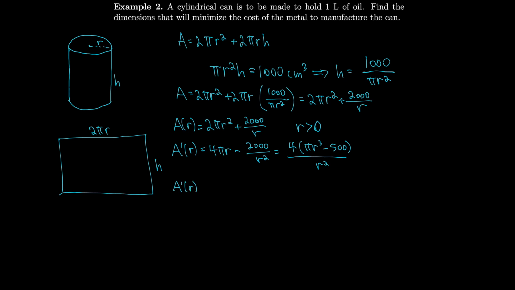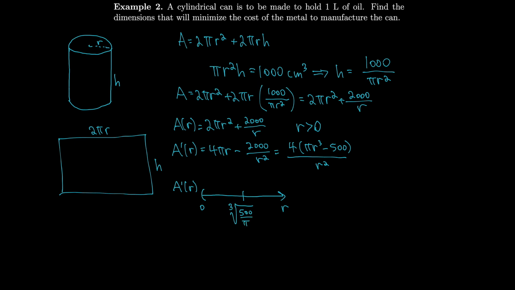So A prime of r, remember r starts at 0, so we'll start at 0, and oops, this is not x, this is r this time. And it looks like we will have a root, well, we're not going to plug in 0 to be undefined because our domain does not include 0, it starts above 0, so we'll only look at where the numerator is 0, which happens at the cube root of 500 over pi.